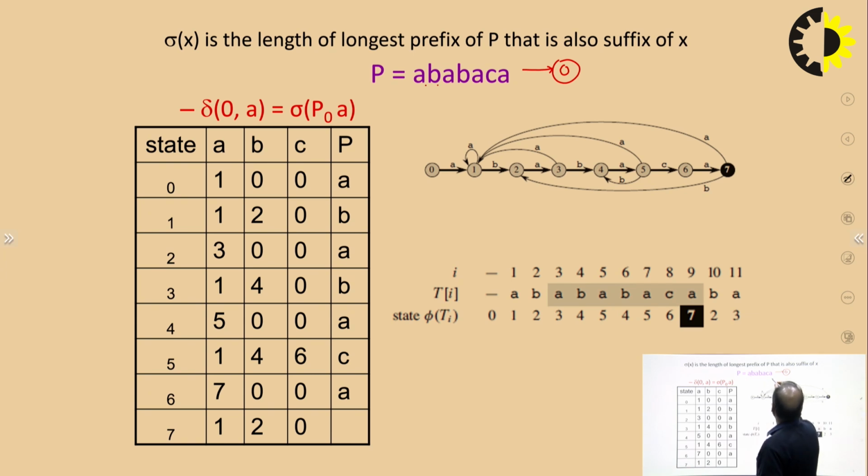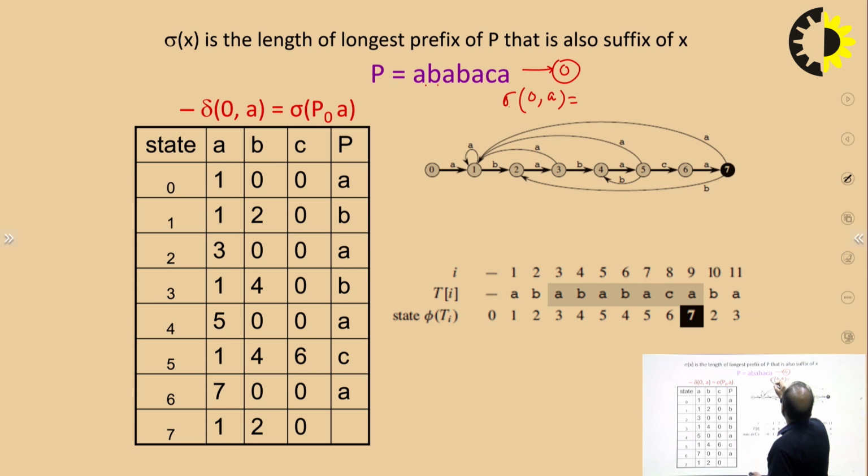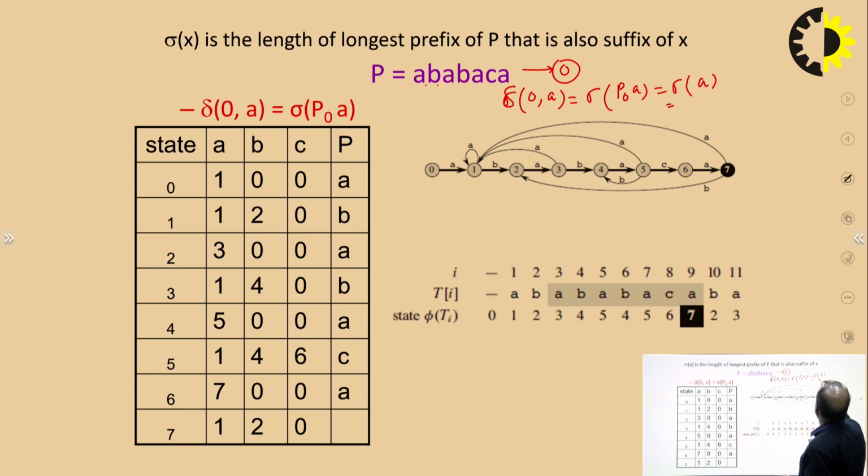Let's start by computing delta of state 0 on A. By the definition, delta of q, a is sigma of P_q a. So delta of 0, A is sigma of P_0 A. P_0 means epsilon, so sigma of A. We are looking for its suffixes which are part of the prefix of the pattern.